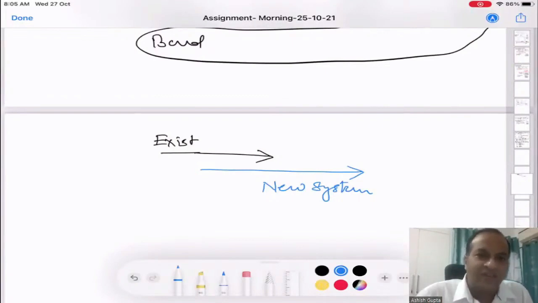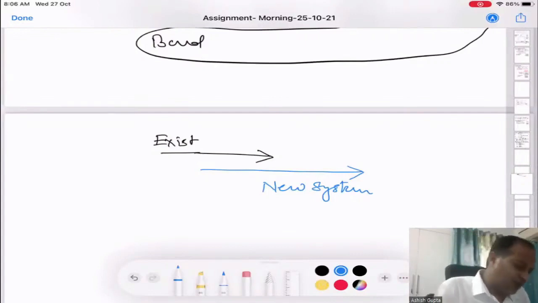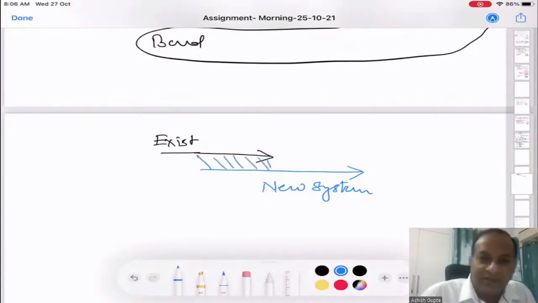Initially, for 2 or 3 months, we did both: we maintained books manually and also made the entries in the computer, matching day by day and testing whether the system was working. After the closure of the year, from the fresh year, we started fully with the new system. This period is basically called the transition period. Similarly, in the case of a bond, we have to pay some additional amount.